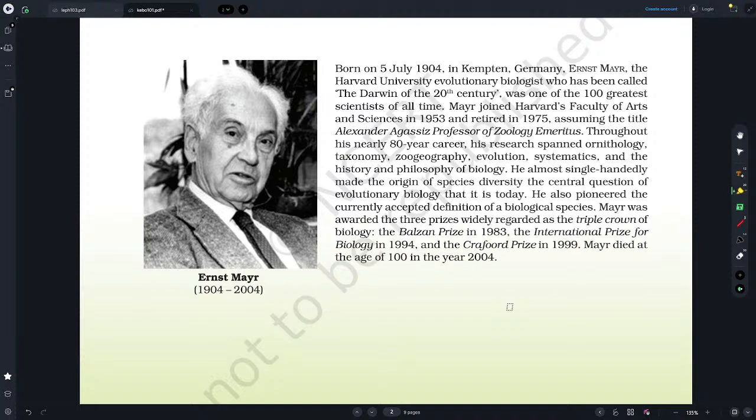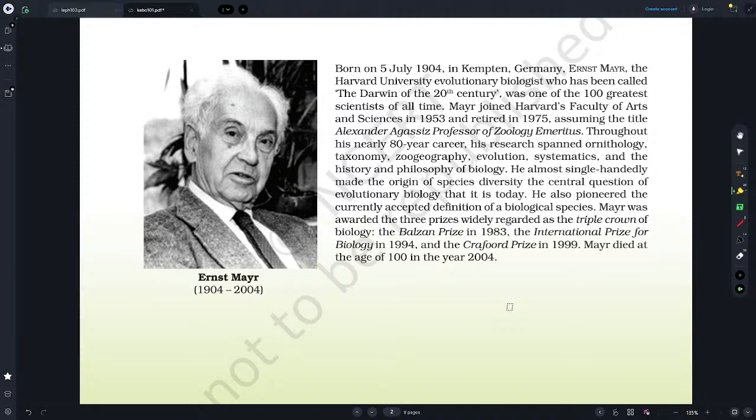Mayr joined Harvard's Faculty of Arts and Science in 1953 and retired in 1975, assuming the title Alexander Agassiz Professor of Zoology Emeritus. Throughout his nearly 80-year career, his research spanned ornithology, birds, taxonomy, zoogeography, evolution, systematics, and the history and philosophy of biology.